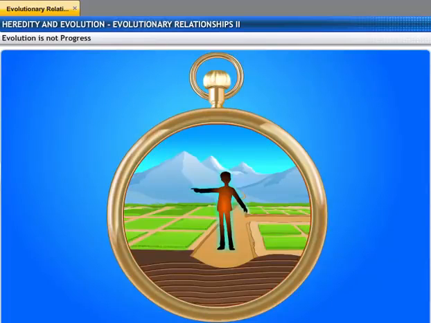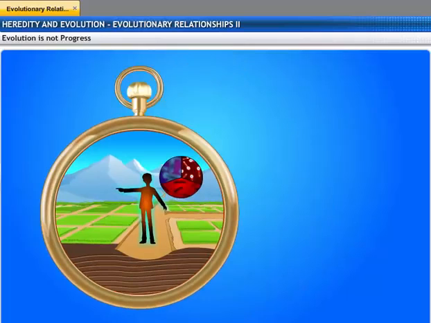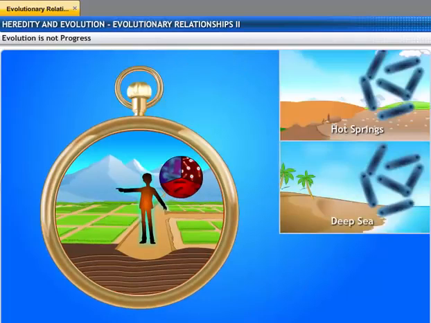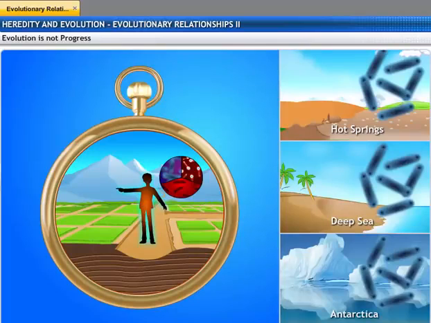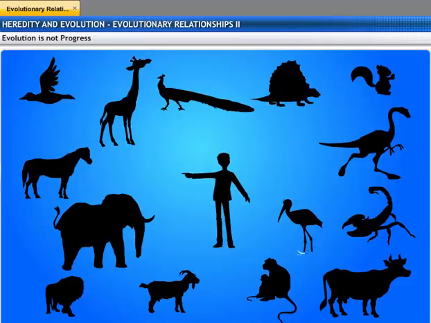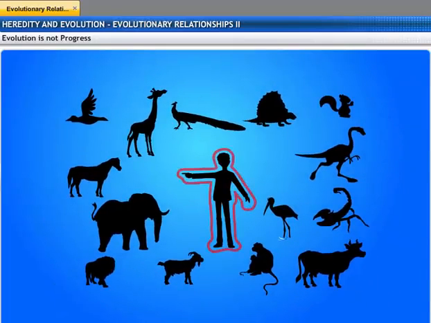However, many old and simple designs still survive. For example, one of the simpler forms, bacteria, is able to survive in almost all climatic conditions such as hot springs, deep sea thermal events, and in Antarctica. In other words, human beings are not the height of evolution, but simply yet another species in the crowded spectrum of evolving life.